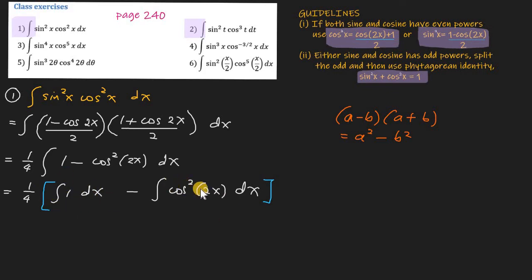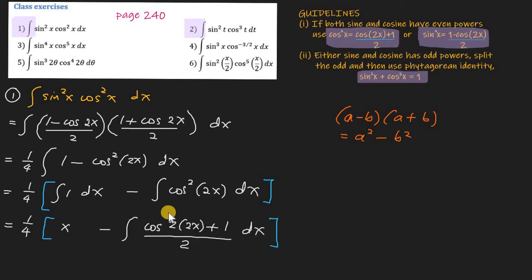But for this second part, cosine square, what should we do? Yes, we do need to apply this formula again for the cosine with even power. So we change in terms of cosine 2x, but our angle is 2x there, so now it becomes cosine 4x plus 1, and we can separate them.